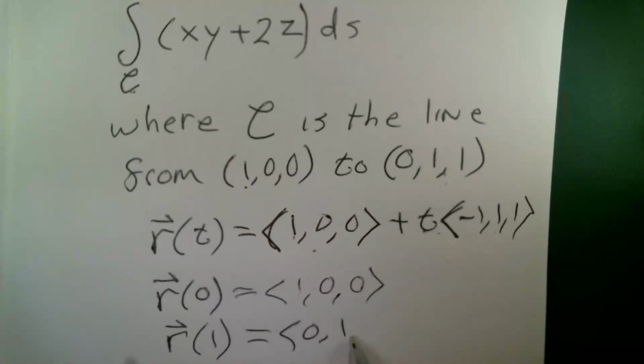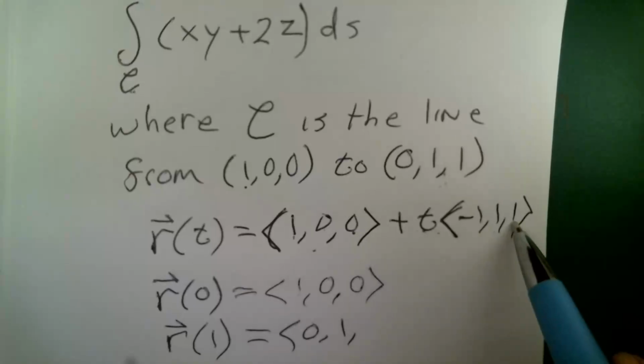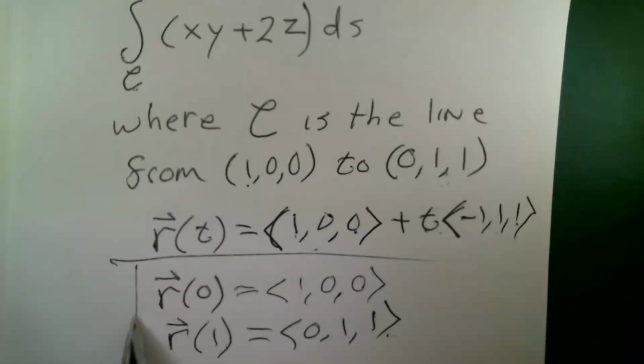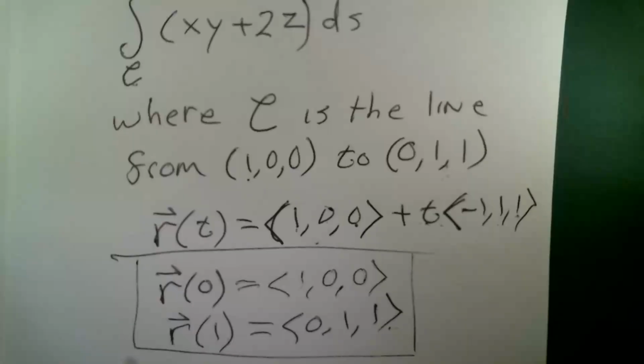That's 1. And in the z-coordinate, 0 plus 1 times 1, also 1. So you see as t goes from 0 to 1, the position is going from the first point to the second point. That's just a check on whether we got the parameterization of that line right.